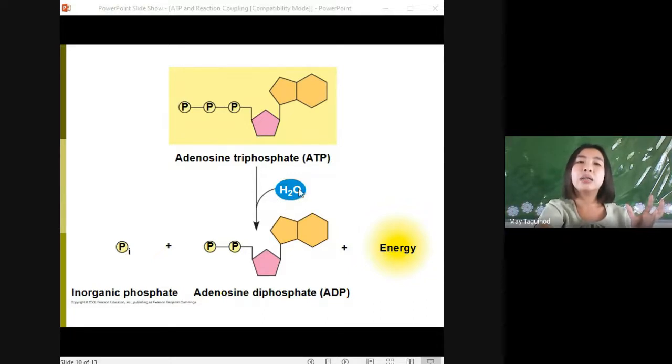Energy is released from ATP when the terminal phosphate bond is broken. This third phosphate bond contains lots of energy. This release of energy comes from the chemical change to a state of lower free energy, not from the phosphate bonds themselves.